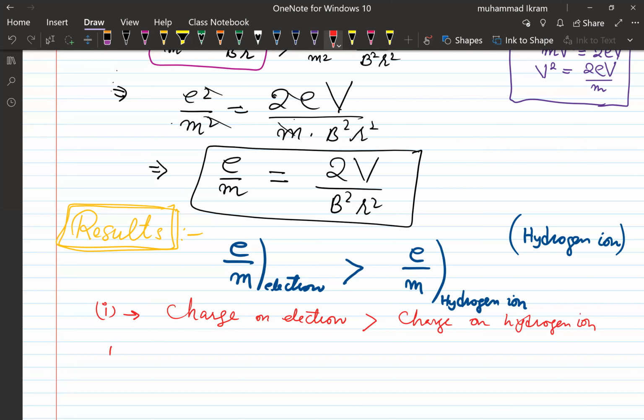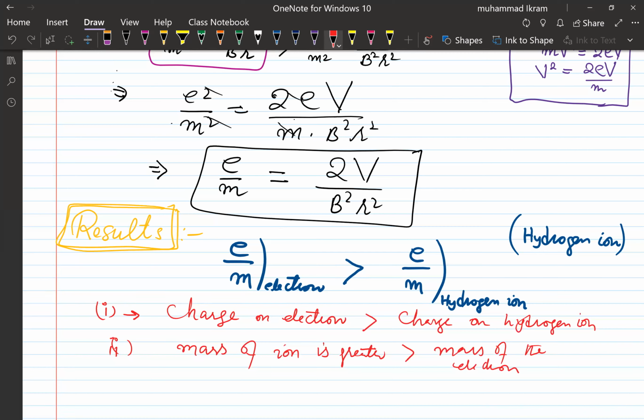The second important thing I can get is that the mass of the ion is greater than the mass of the electron.